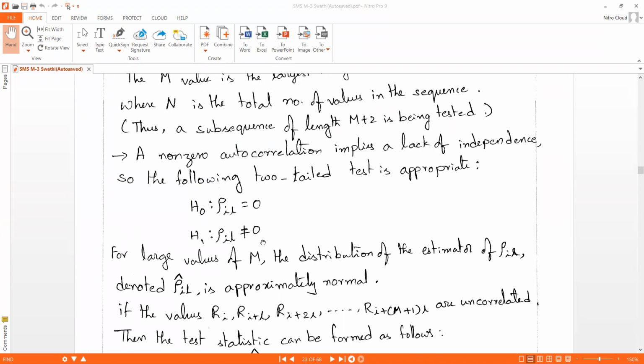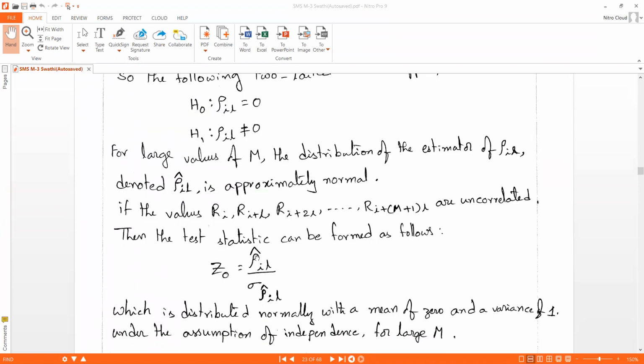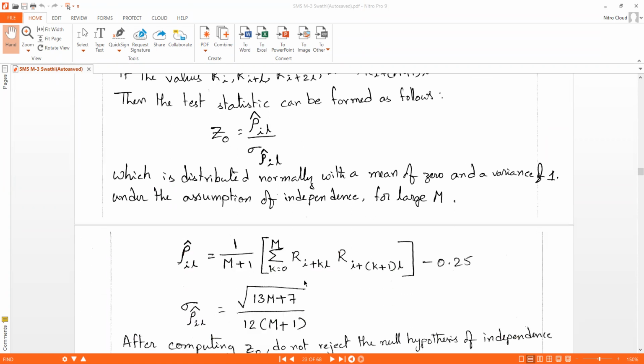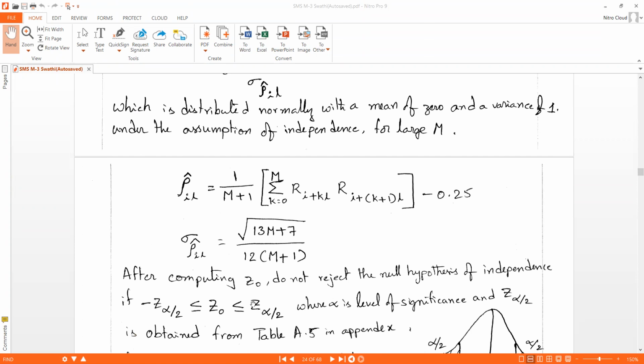Z naught value is rho IL cap divided by sigma rho IL cap. That is the Z naught value, and the Z naught value should be between minus Z alpha by 2 less than or equal to Z naught less than or equal to plus Z alpha by 2.